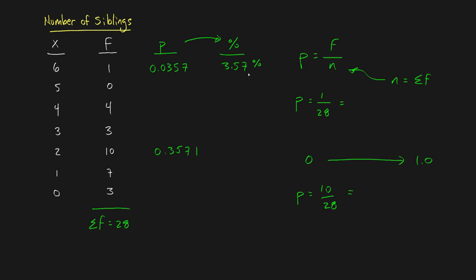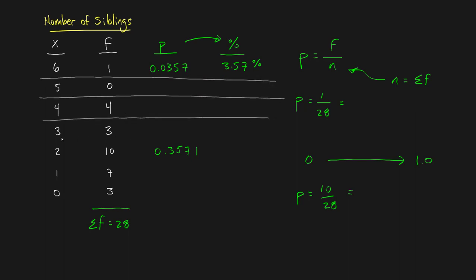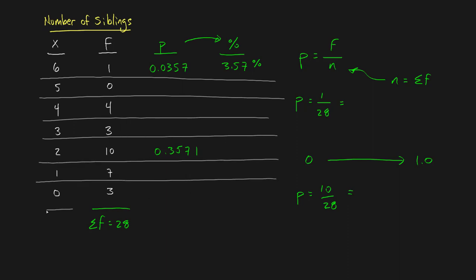So that makes it a little bit easier to understand what's going on. Let's go through and do that for each of our values. And then we can have a look at just how rare some of these occurrences are in more solid terms, like percentages.